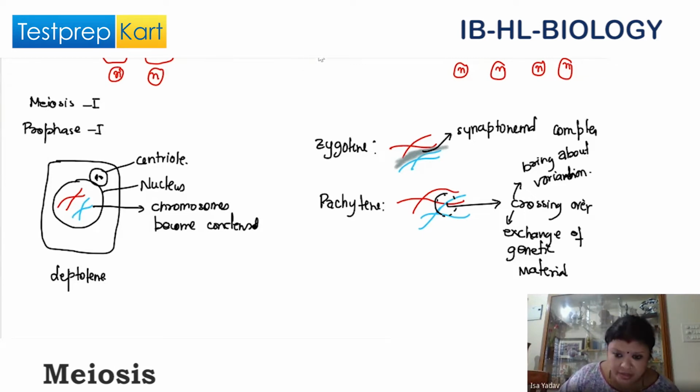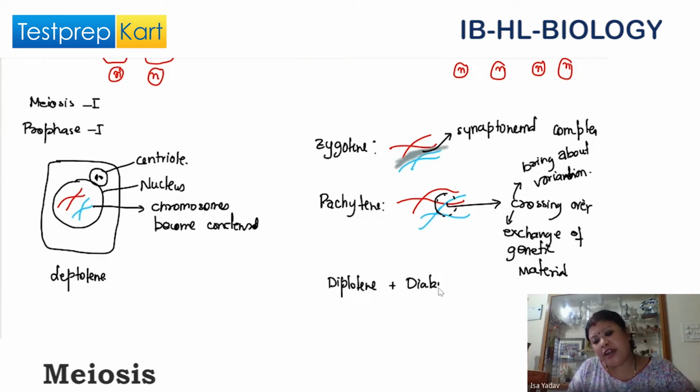Now, next, pachytene. The crossing over is between two non-sister chromatids of two different chromosomes. After leptotene, zygotene and pachytene, we have diplotene, and at last diakinesis.